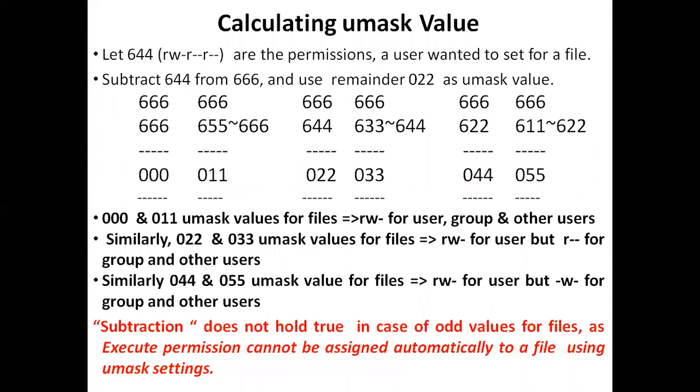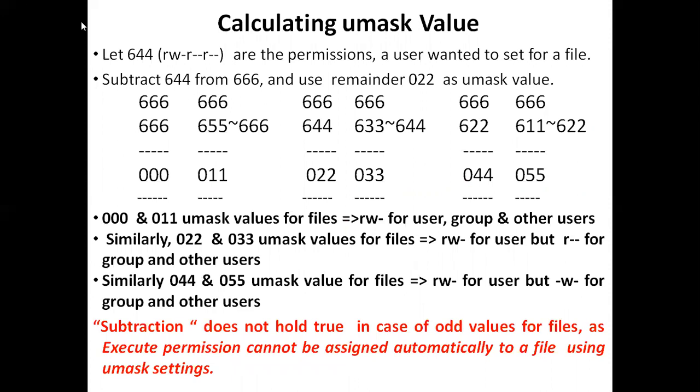Now it's very clear to you. Unix allows permissions for a file for providing an additional level of security, and umask is used to have customized default permissions for a file or directory.